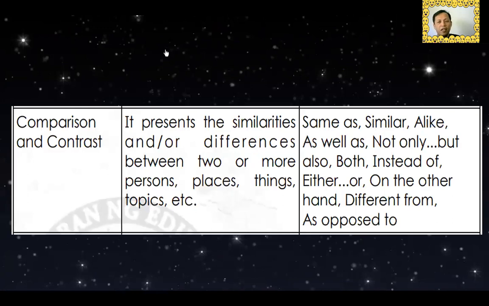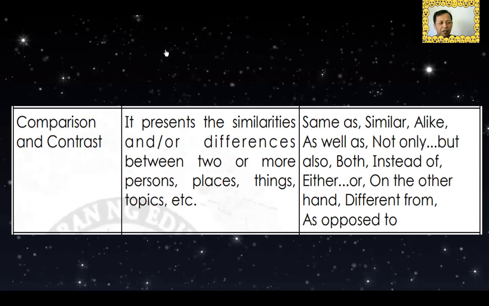Now, comparison and contrast. This is very much the same with description. The only difference is we are describing a thing, but at the same time, we are describing it by comparing it and giving contrast.